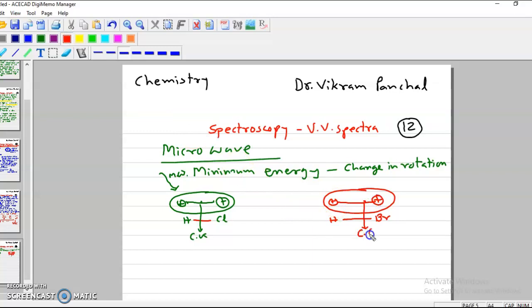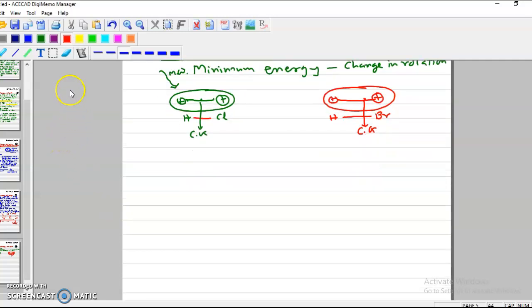So that is the center of gravity of HBr. Both these molecules will rotate, either clockwise or anti-clockwise. But due to these rotations, the molecule's polarity changes in different directions, and that will produce lines or waves.